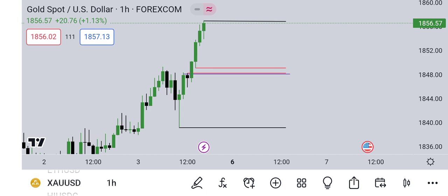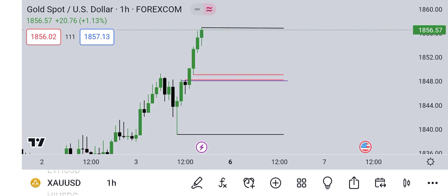Now it might not do that because in forex market we deal with probability. It's a market of probability. But if I see the market opens on Monday and it retraces down into this place, I will look for a buy.